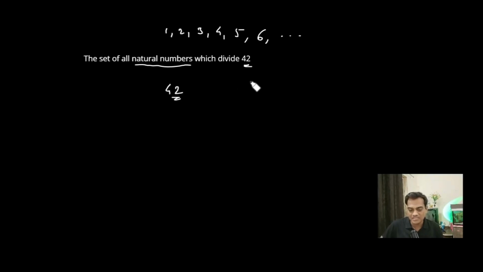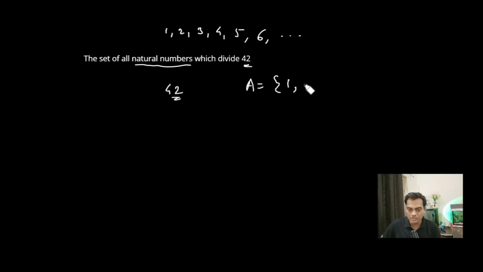Let that set be capital A. The elements of set A are those which divide 42. So let us consider 1. 1 perfectly divides 42, so 1 will be an element of our set.